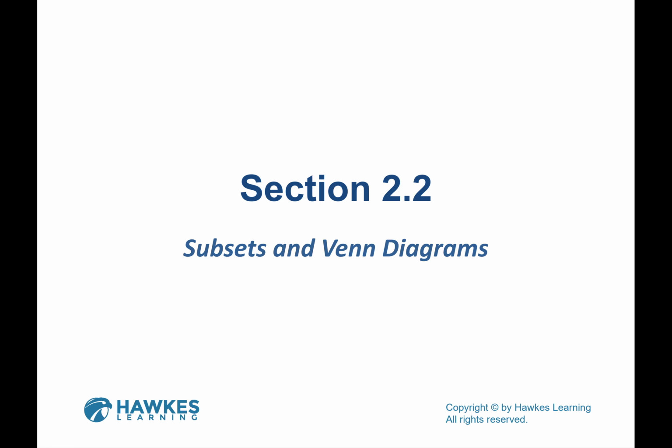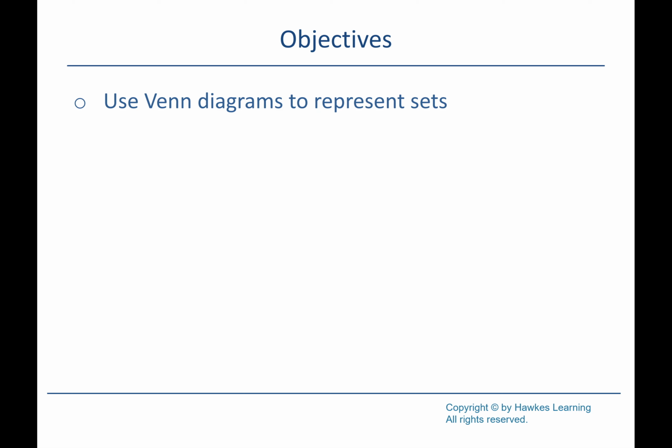Maybe you didn't know to call it a Venn diagram, but you've probably at least seen them before. They're really helpful when you're trying to keep track of the relationship between different sets. We're going to use those as we go through here. Really, we just have a definition and then talk about these Venn diagrams.